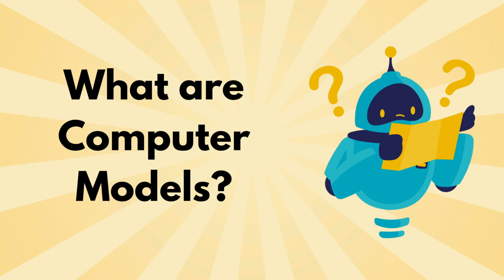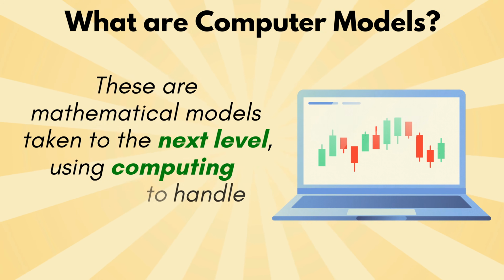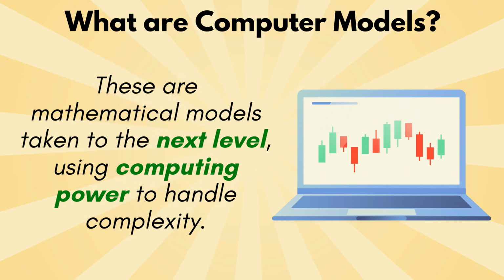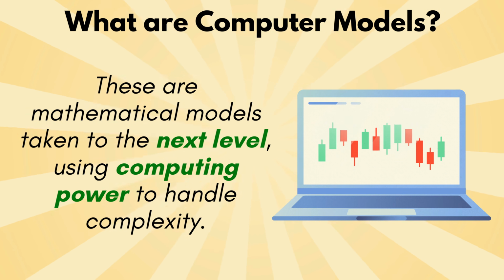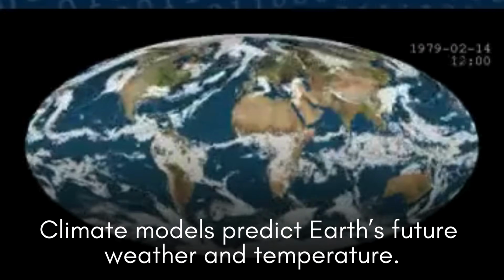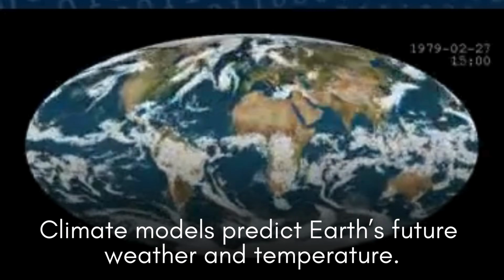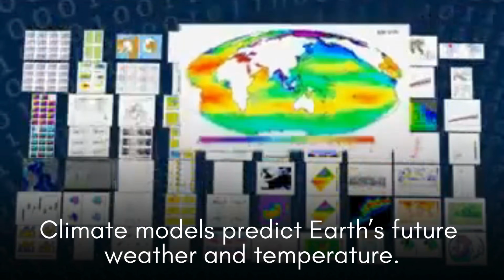And finally, we have computer models and simulations. These are mathematical models taken to the next level, using computing power to handle complexity. For example, climate models combine physics, chemistry, and fluid dynamics across the entire planet to predict future temperature and rainfall.